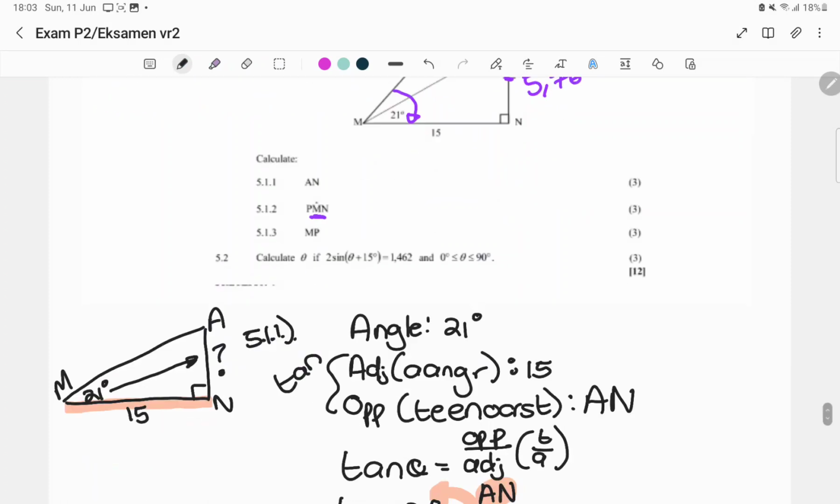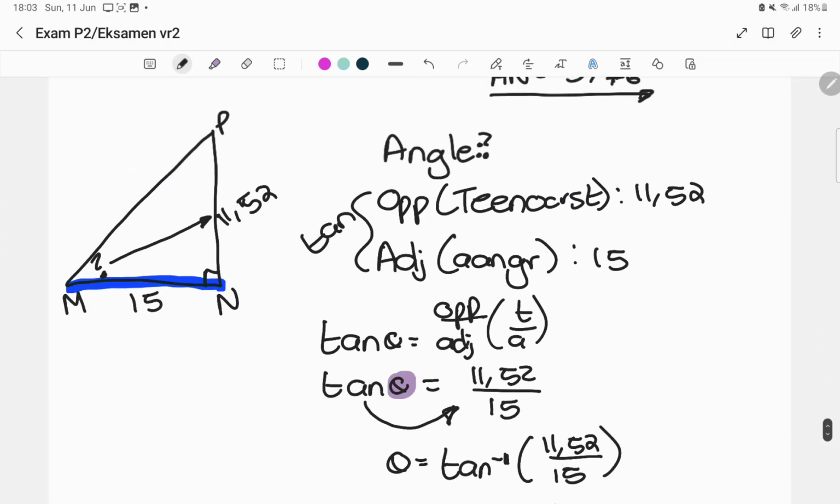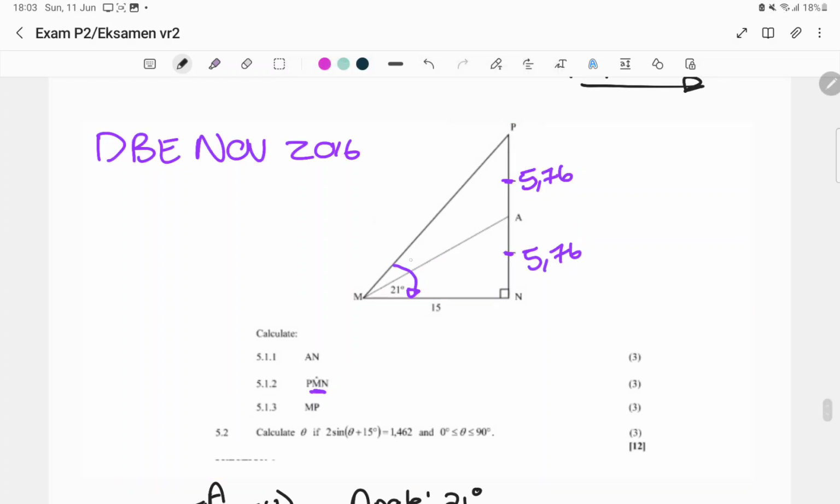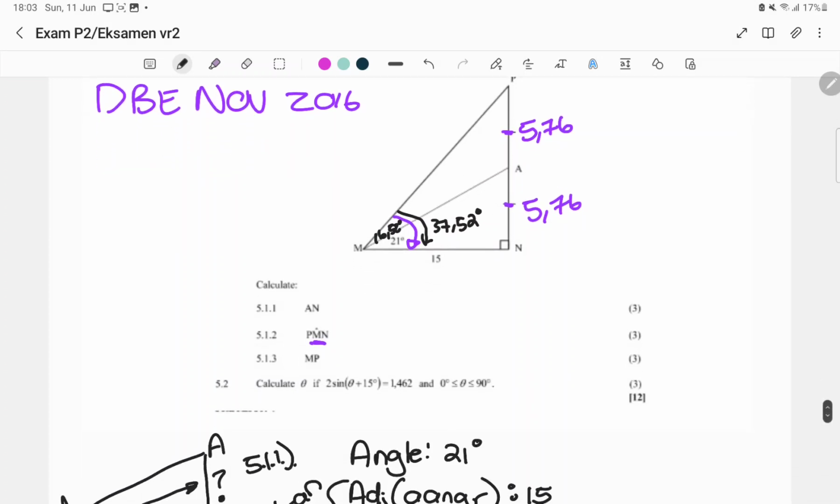Alright, so we know the entire angle here is 37,52 degrees, which knowing that part there will then be minus 21, so this part here is 16,52. Alright.